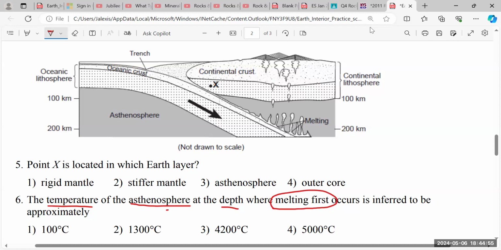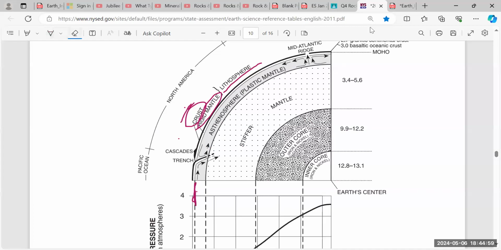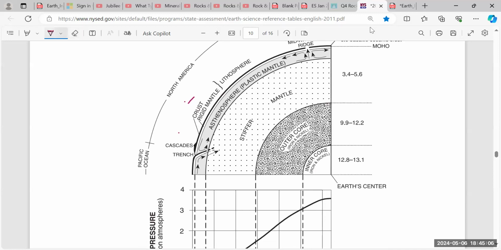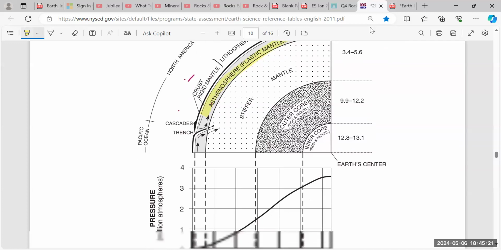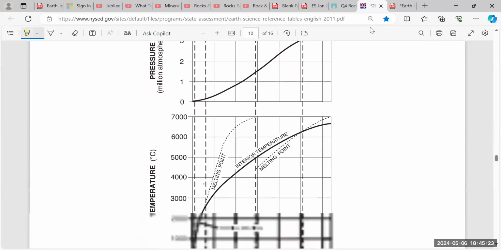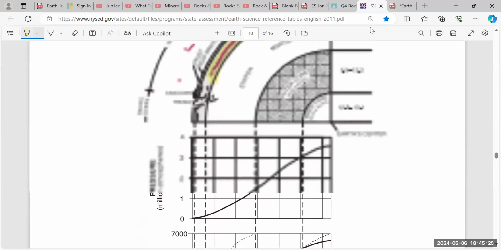So when I look at my reference tables, I'm at the asthenosphere, which means I'm going to be looking in this gray shaded area here. So let me highlight that. There we go.